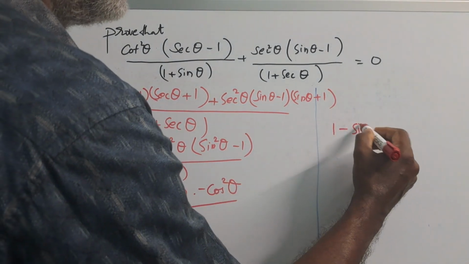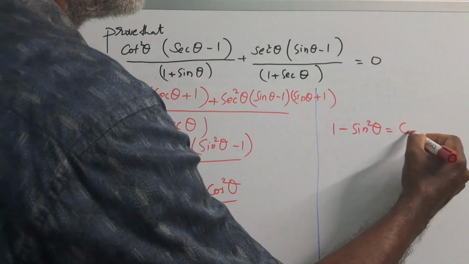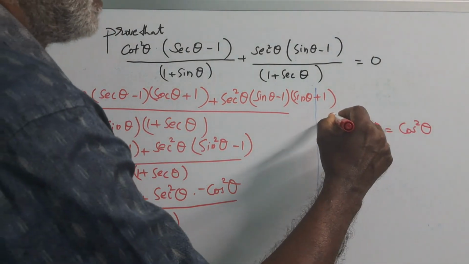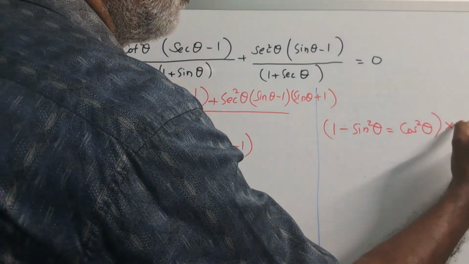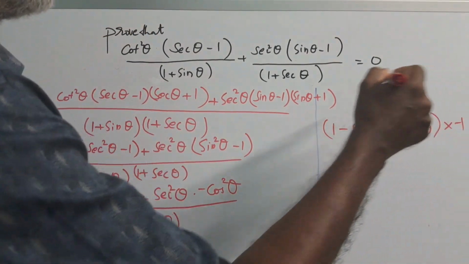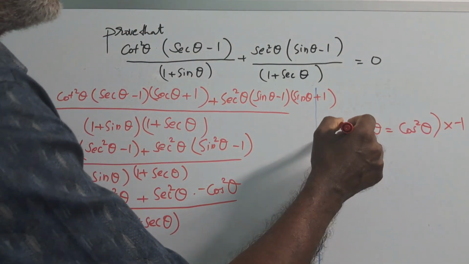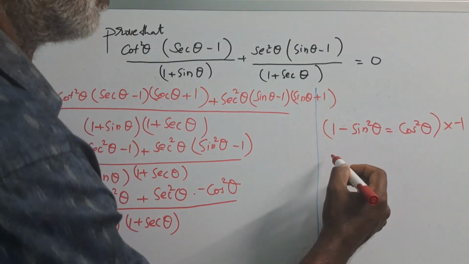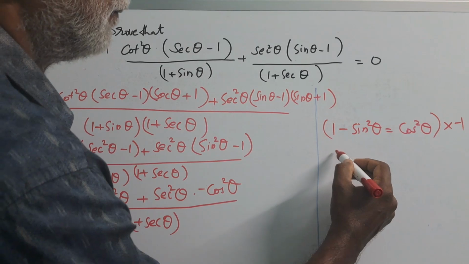1 minus sin square theta equals cos square theta. If you multiply the equation by minus 1, into 1 minus 1, minus sin square theta into minus 1, you get plus sin square theta.